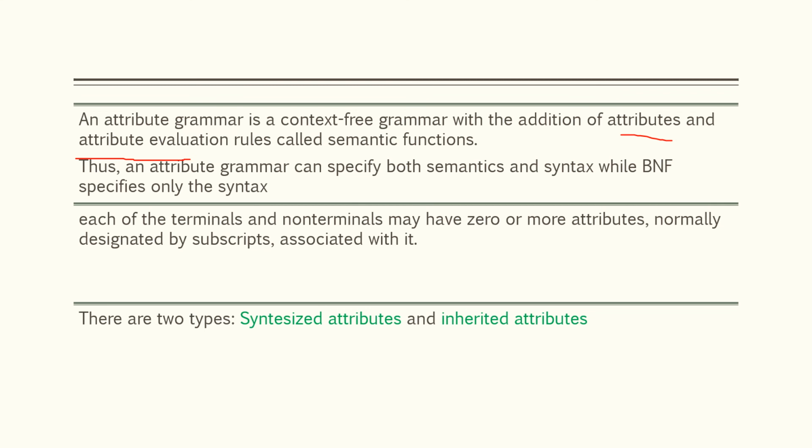It means that with the underlying grammar, we want to add some more information about the attribute. The attribute is normally designated by a subscript. So there are two types, synthesized and inherited attributes.